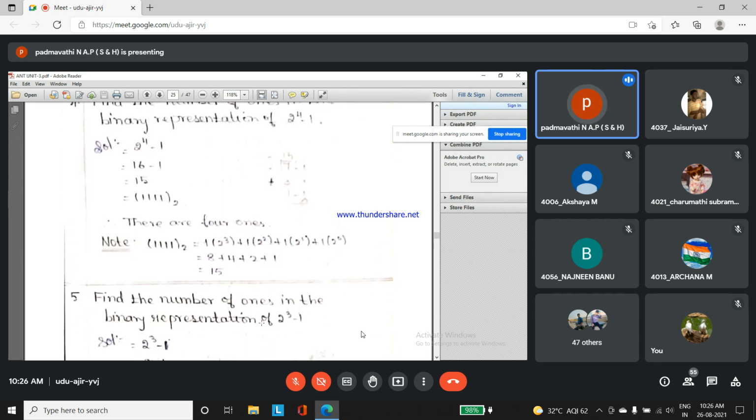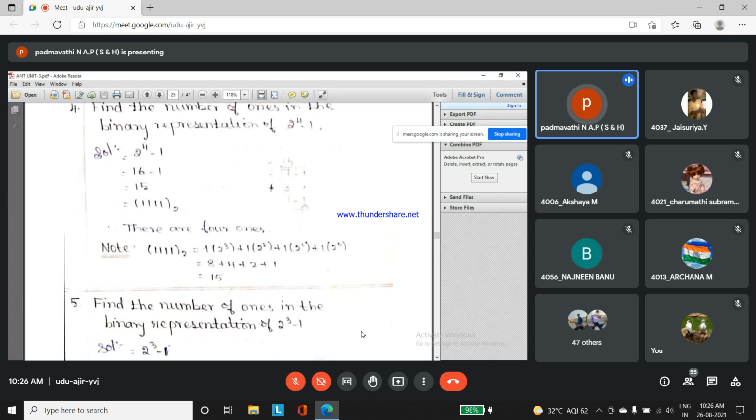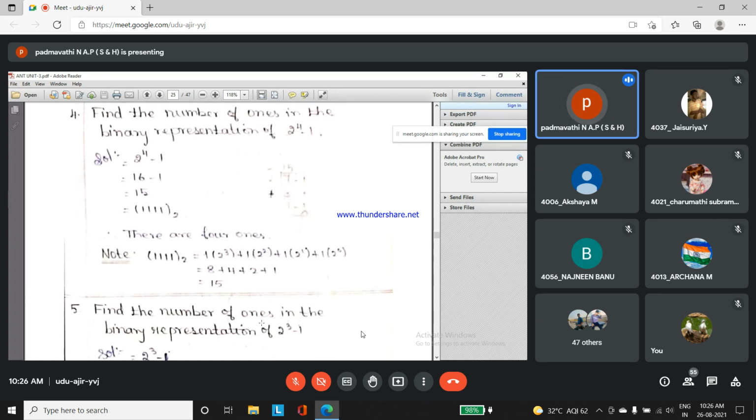Can you tell me the answer? First simplify: 2 power 3 is 8.